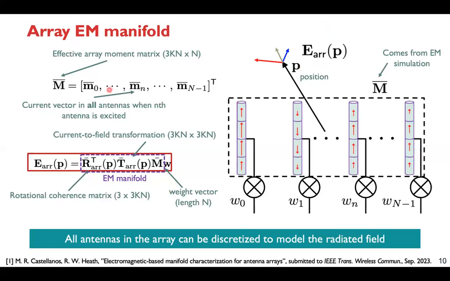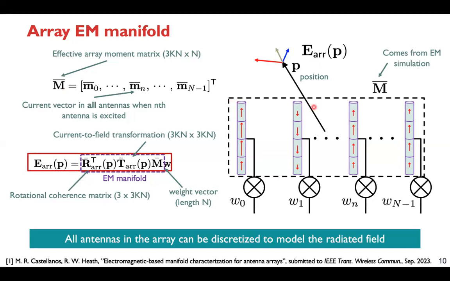We do this by forming what we're calling the effective array moment matrix. This is a matrix in which, in each of the columns, we're assuming only a single antenna is excited. So for example, in the nth column, we would excite the nth antenna in the array. And this vector would include all of the currents in all of these Hertzian dipoles in the entire array.